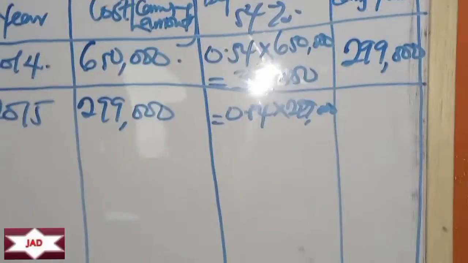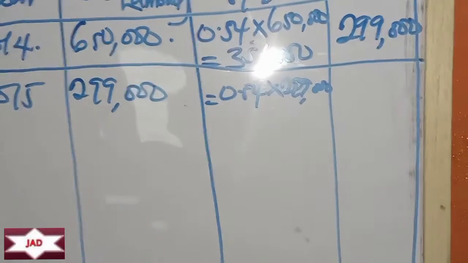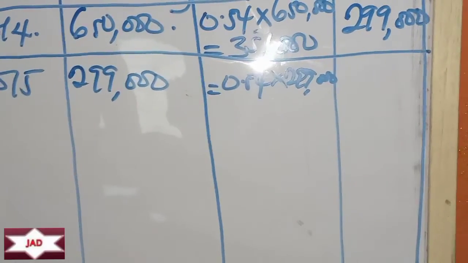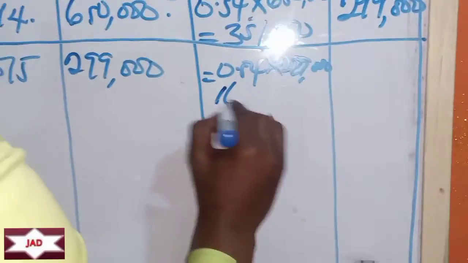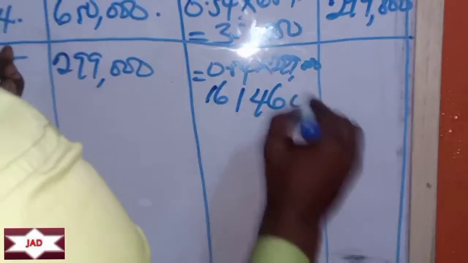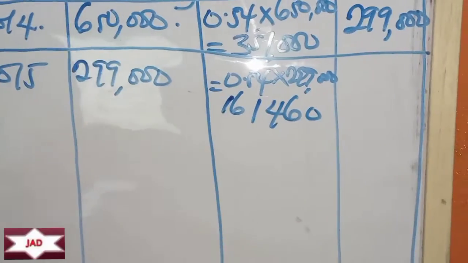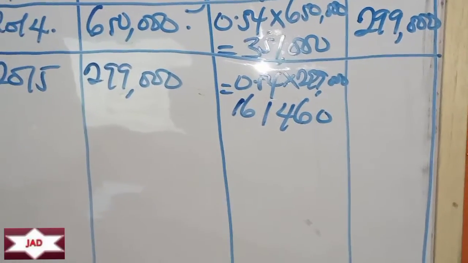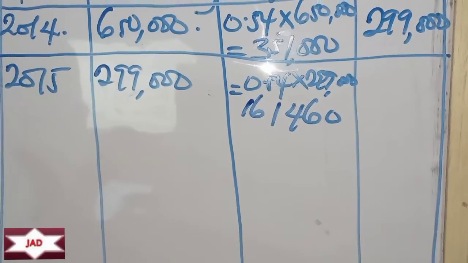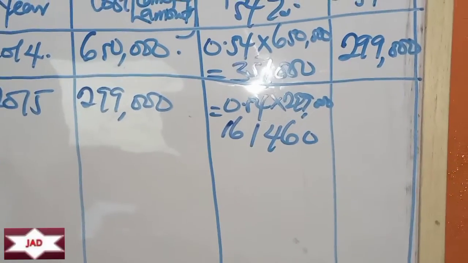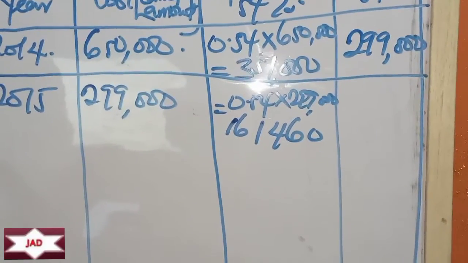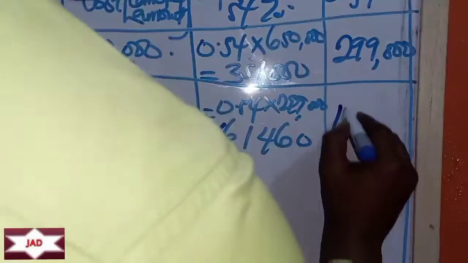So we have 299,000 multiplied by 0.54. So that is 161,460. If you take that out, 299,000 minus 161,460, you have 137,540.